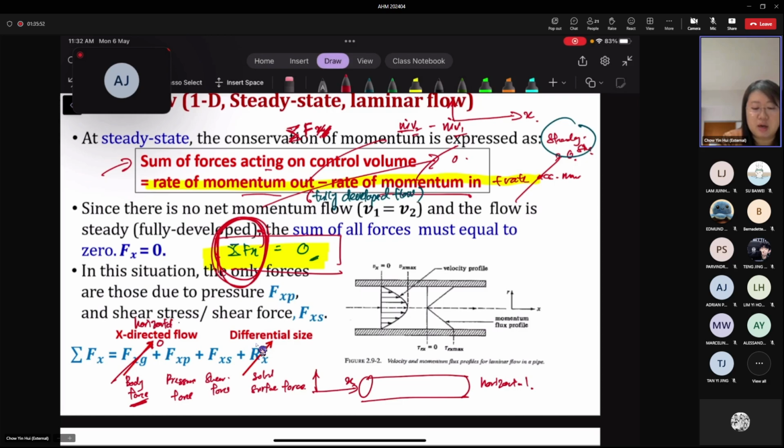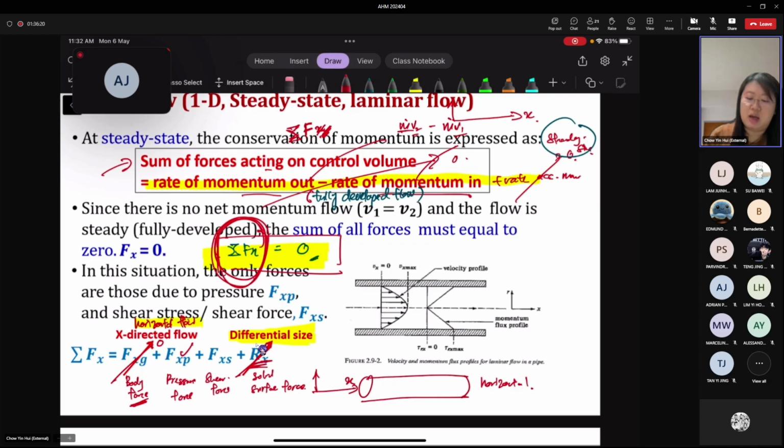We can note it down. Then we assume that the solid surface force is equal to zero because we are analyzing at differential size. The solid surface force is exerted on the fluid by the wall of the pipe, and since you are analyzing differential size, it's far away from the pipe, so Rx is equal to zero. But you would have the pressure force.